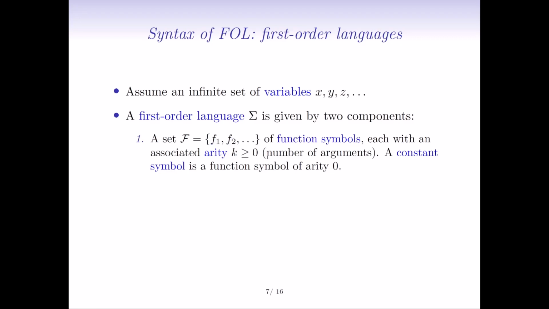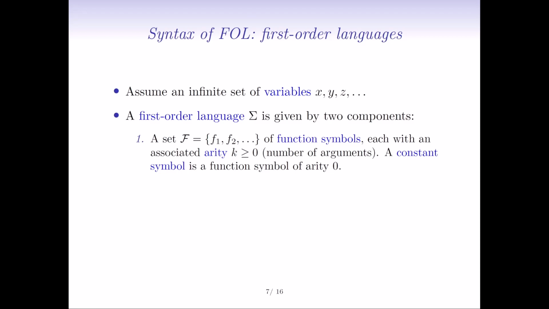It could even be an empty set. The important thing to remember here is that all the function symbols have what we call an arity associated with them. An arity is a natural number greater than or equal to 0, which is the number of arguments that the function takes. So a function could be unary or binary or ternary, or even n-ary for any n.